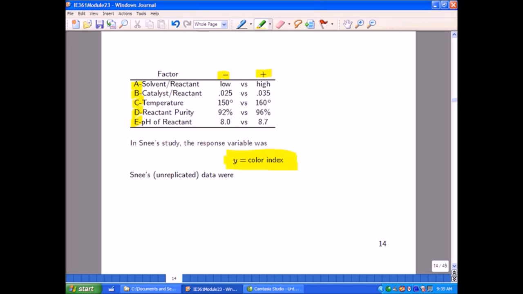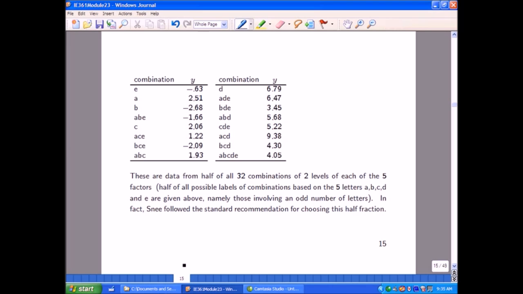what we're going to talk about is not a 2 to the 5th, but half of a 2 to the 5th. So we're going to talk about a 2 to the 5 minus 1 so-called fractional factorial. And here are the combinations that Snee actually used in his study.